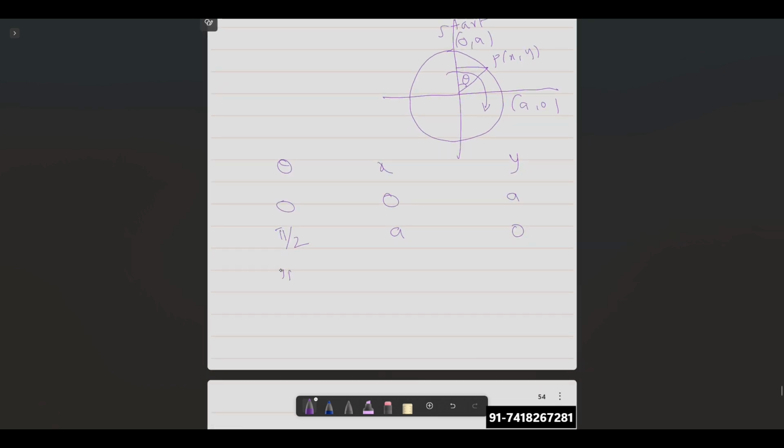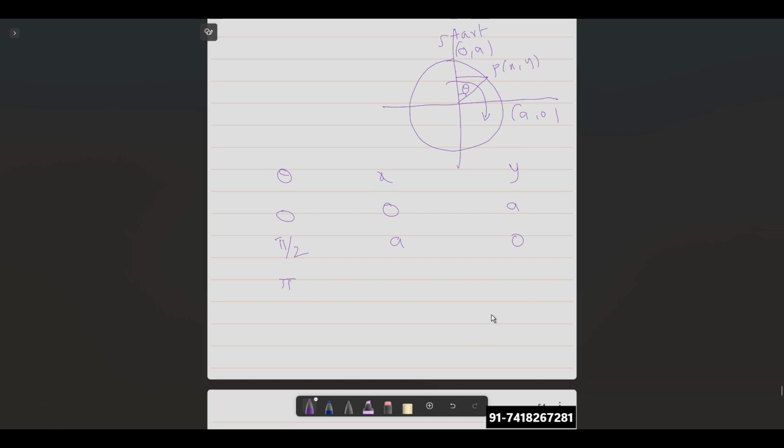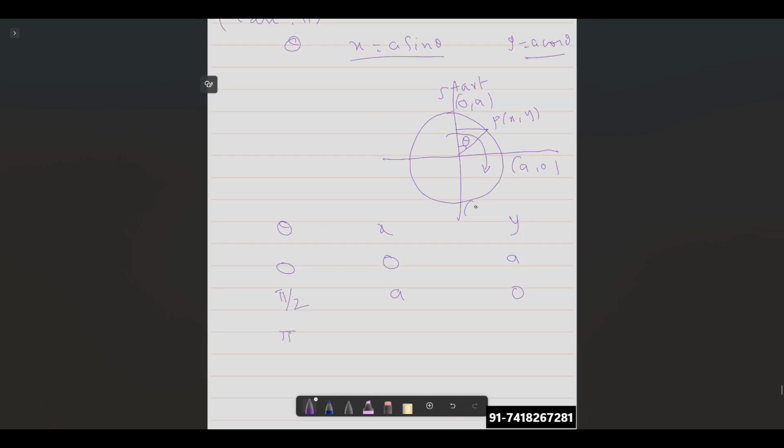Similarly for pi, this is the point, and this becomes 0 comma minus a. And then 3 pi by 2, which is exactly the opposite of 90, this is minus a comma 0.